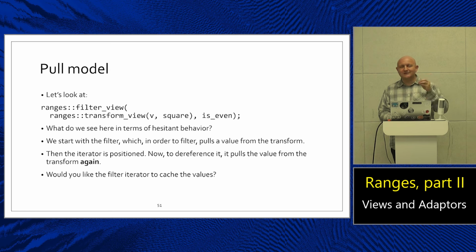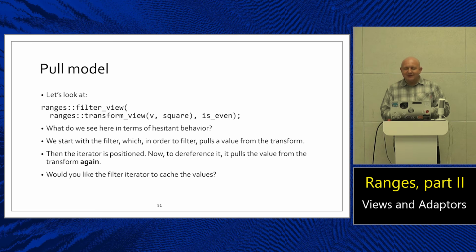To do that, it has to pull a value from the transform. So the transform calls square. Now the filter positions its iterator, but then we later dereference that iterator, and it has to pull the value again, which means calling square again.